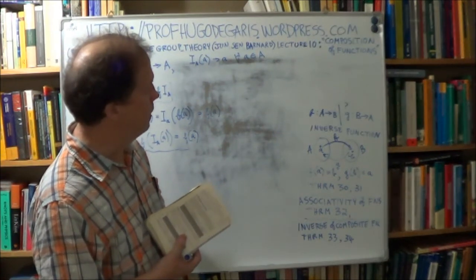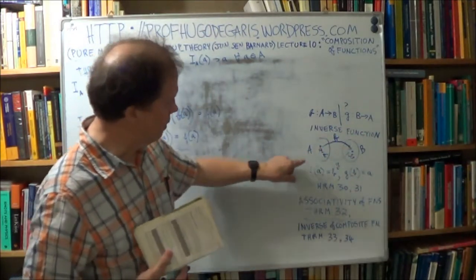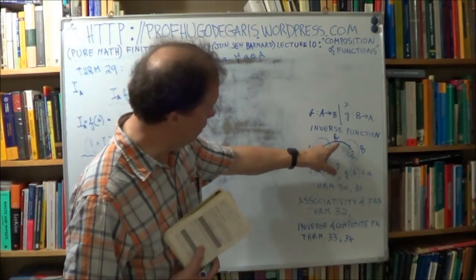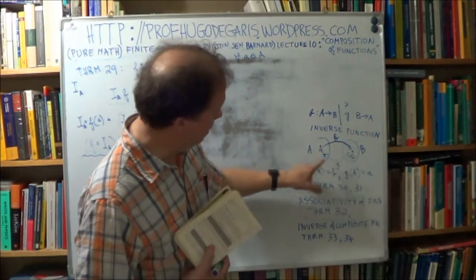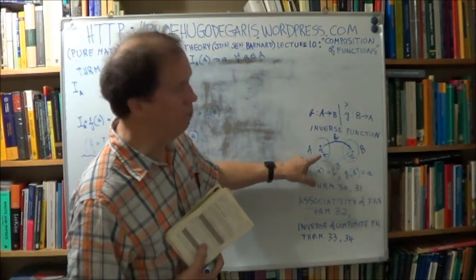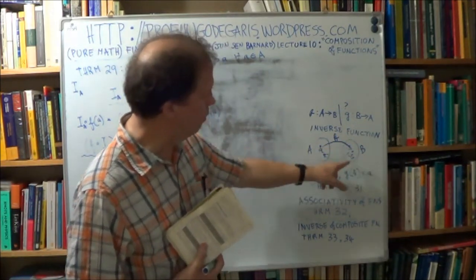So, in pictorial terms, here's your function f, which maps little a from set A, your domain, into little b in set big B, your codomain.